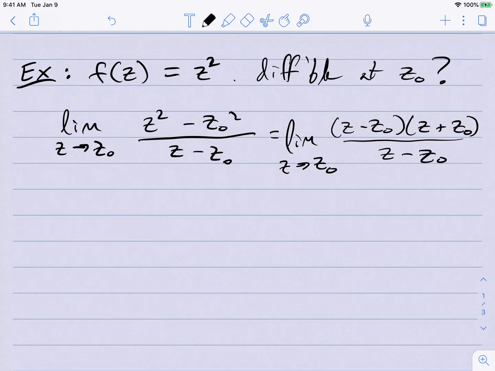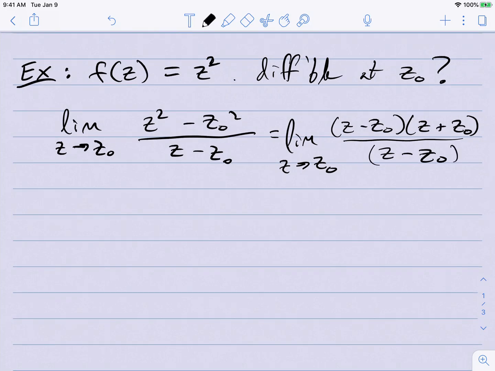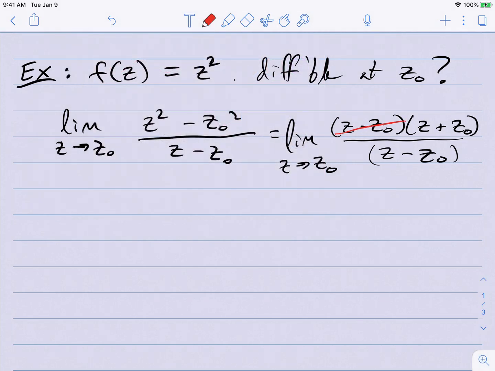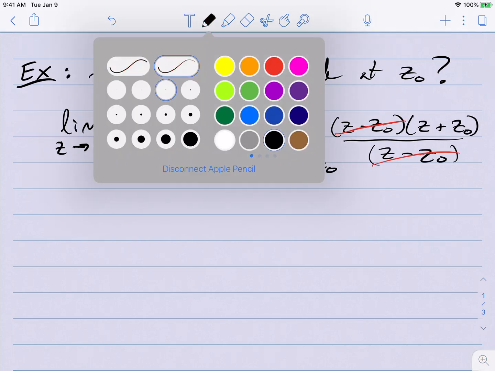Okay, and as long as z is not equal to z naught, which it's not, because when you look at the limit, you're looking at points which are near z naught, but not actually z naught themselves. So in that case, the denominator is non-zero, which means I can cancel these two terms.